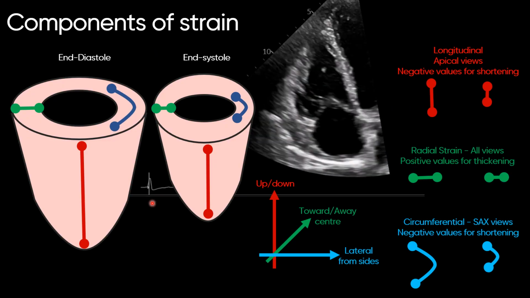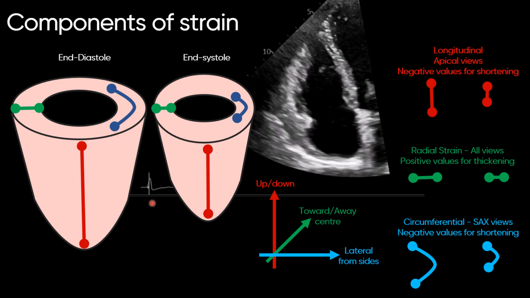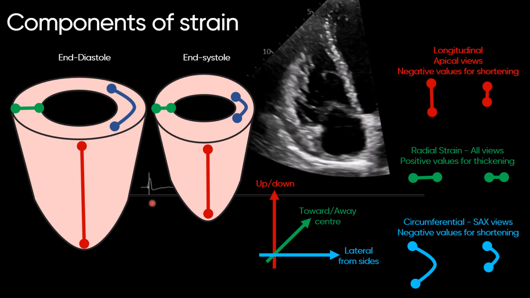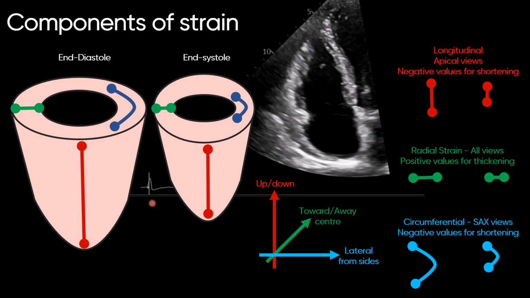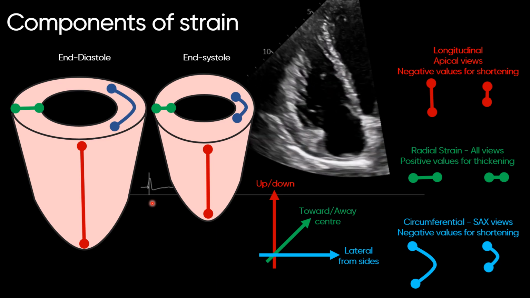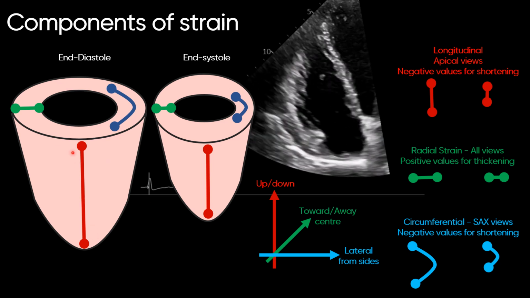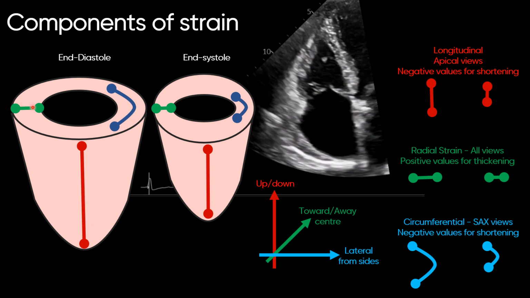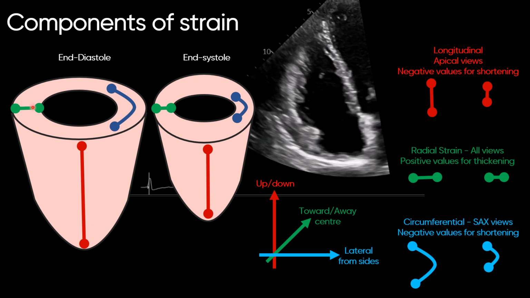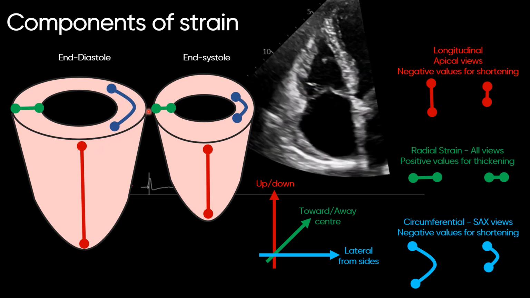Another very important aspect is that the strain analysis is not confined only to one direction, longitudinal, as we mentioned earlier, but it can also include many different components. It can calculate across longitudinal, radial or transverse, or circumferential, which is around the circumference of the chamber we are measuring.